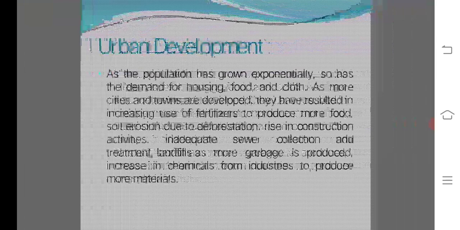Next comes urban development. As the population has grown exponentially, so has the demand for housing, food, and cloth.